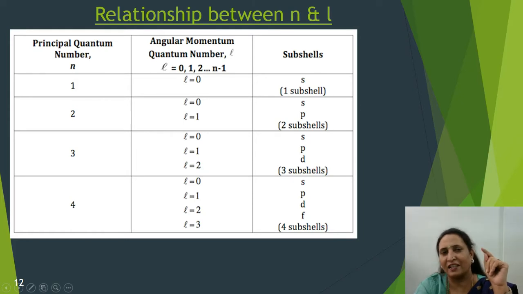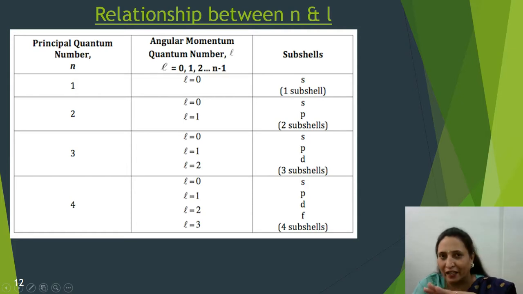But there is a difference: when the principal quantum number is 4, the last L value is 3, that is n minus 1. So n is equal to 4, L values are 0, 1, 2 and 3.